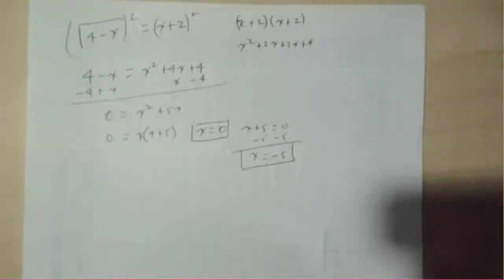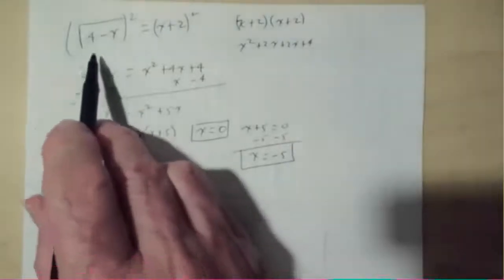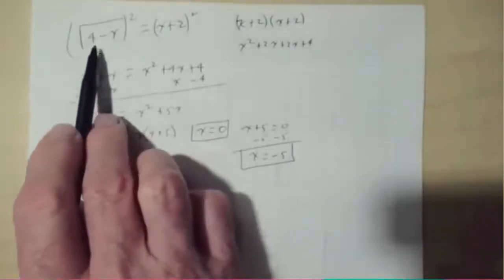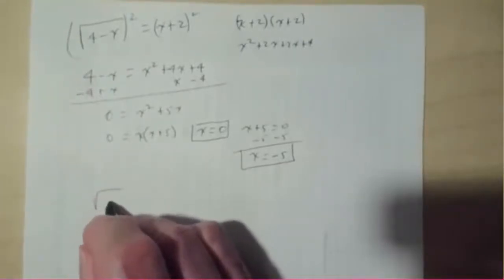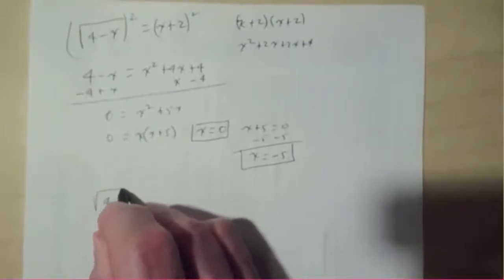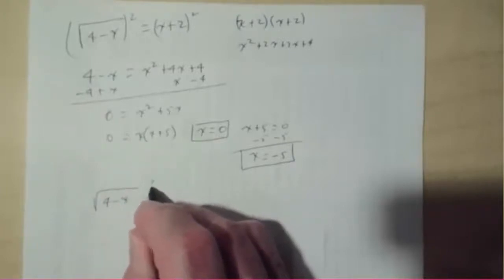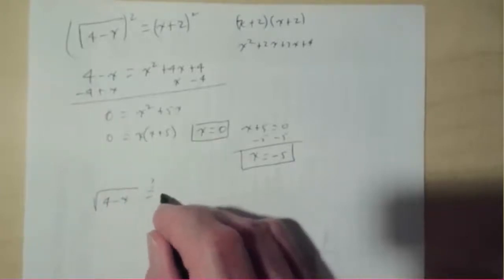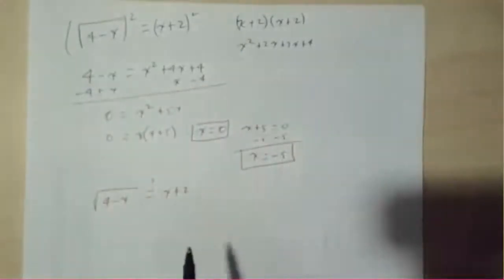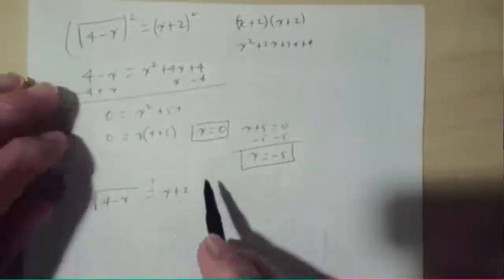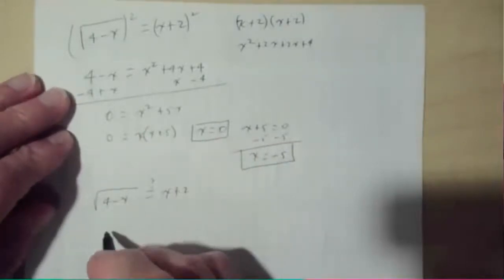Okay, now we have to plug them back into the original equation. The original equation was the square root of 4 minus x equals x plus 2, before we squared them both.